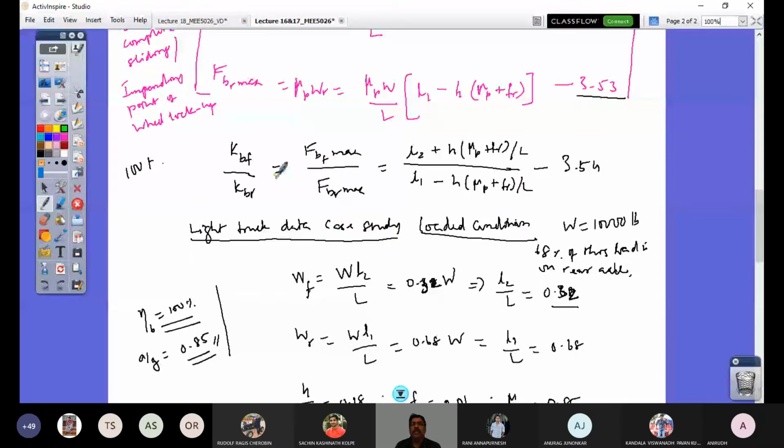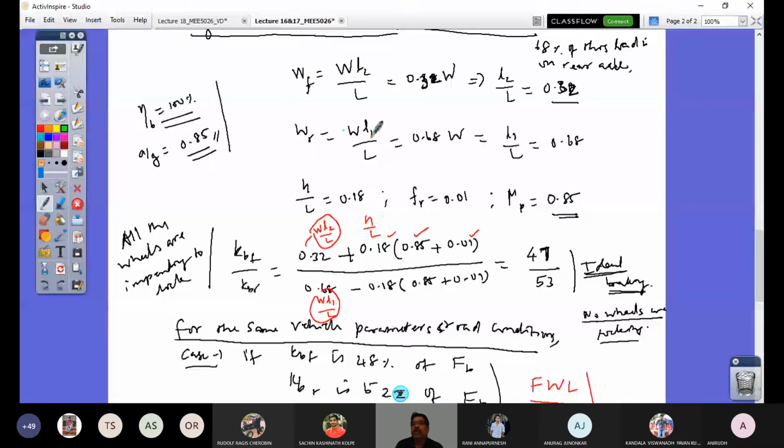And we looked at realizing that with an example case study problem of a light truck of 10,000 pounds in loaded condition, wherein 68% of the load is on the rear axle.